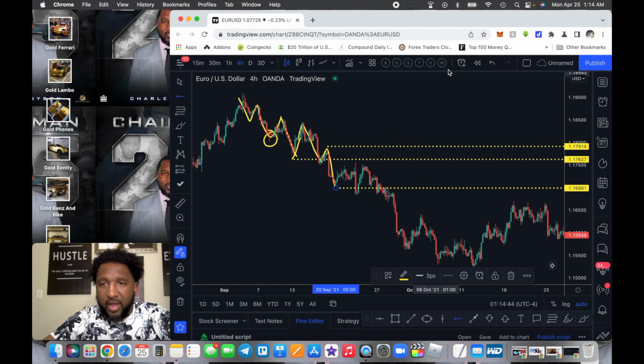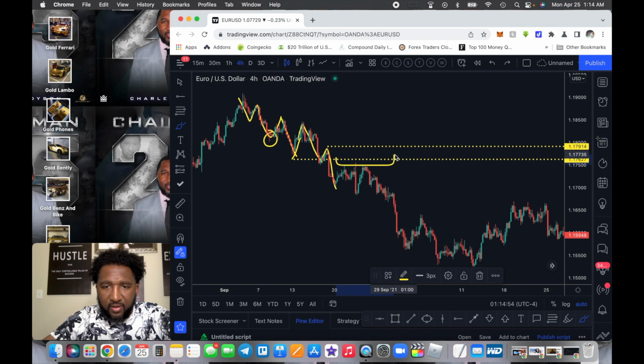And another thing I need to make sure you guys understand. When I'm putting these lines on the chart, I want you to understand that this is a zone. This is a zone. It doesn't have to be exact on the line. Okay? Likewise, this is a zone.